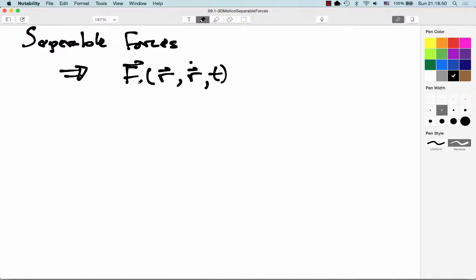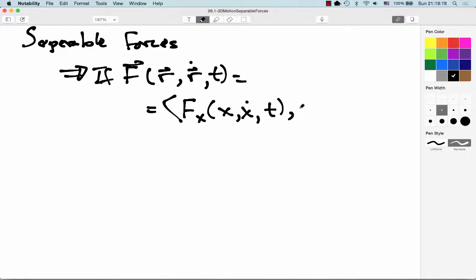Now, each component could depend on all of the components, but if we can write this as an ordered triplet of f sub x, that's just a function of x, x dot, and t alone, no y or z dependence whatsoever. Then same for fy.